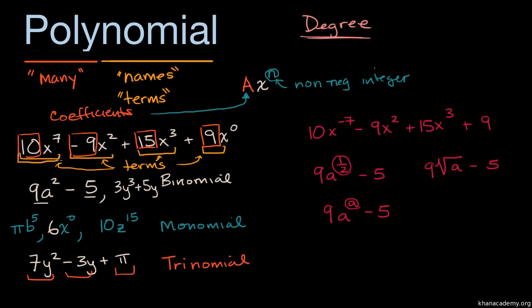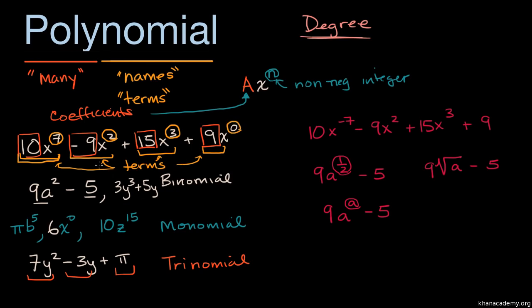We have this first term, 10x to the 7th. The degree is the power that we're raising the variable to. So this is a 7th degree term. The second term is a 2nd degree term. The third term is a 3rd degree term. And you could view this constant term, which is really just 9, sometimes people will say the constant term, sometimes people will say the 0th degree term.